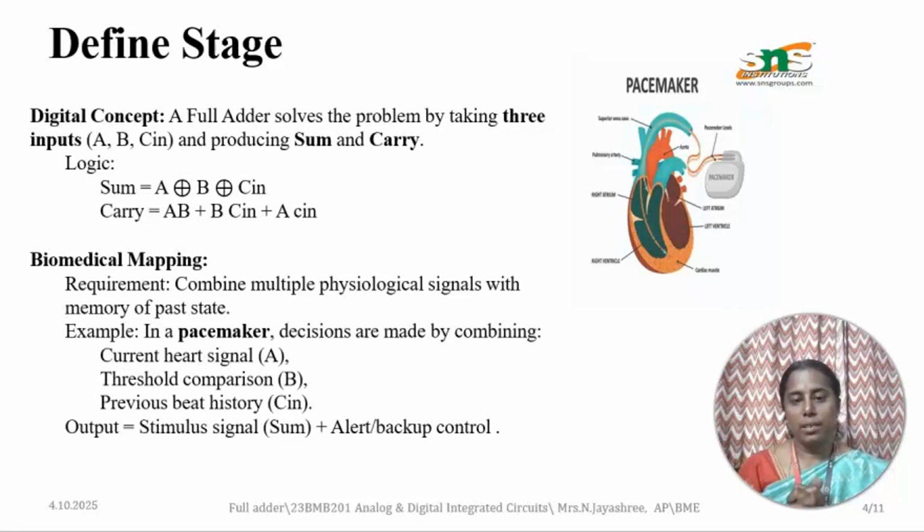In the pacemaker, decisions are made by combining current heart rate, threshold comparison and previous beat history. So the output is the stimulus signal sum plus alert or backup control.